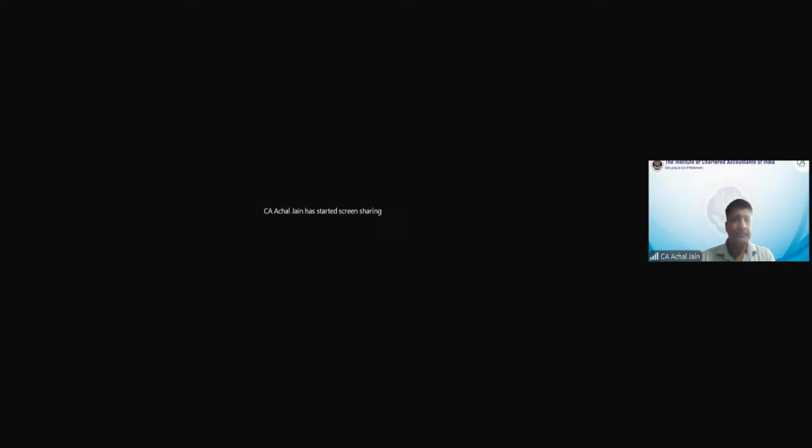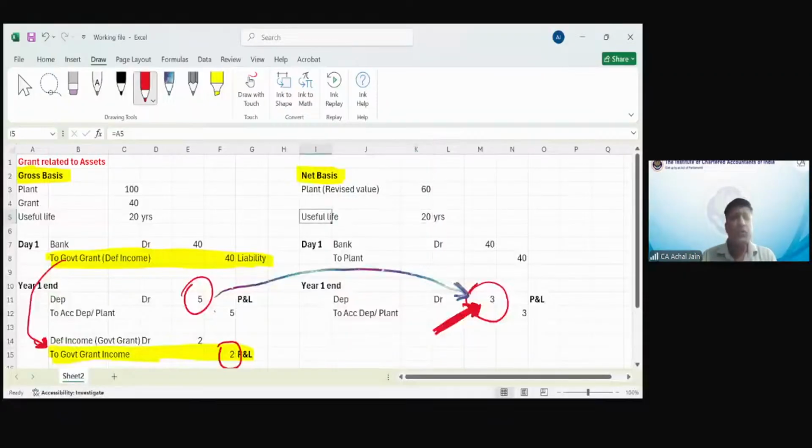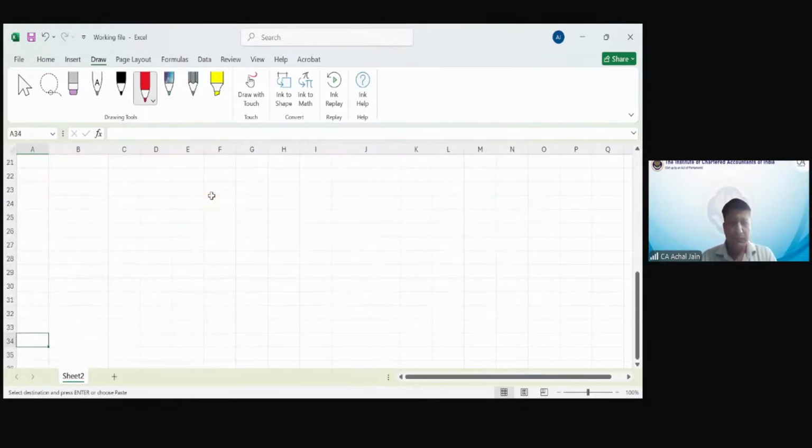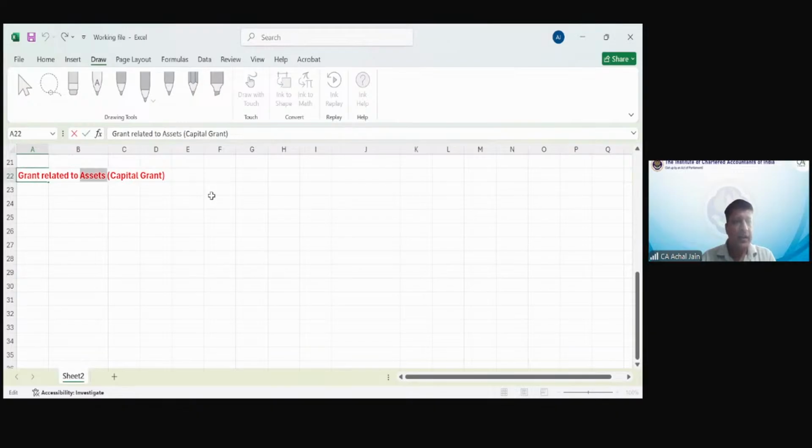This is also very commonly called a capital grant. Grant related to asset or capital grant. Now, there is another type of grant. What is that? Grant related to income, or you can say revenue grant.